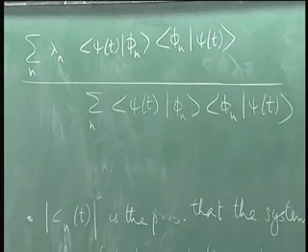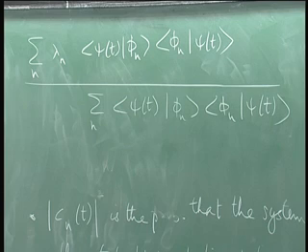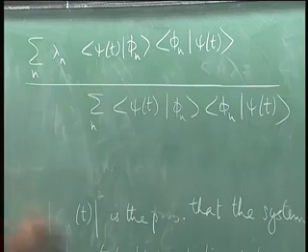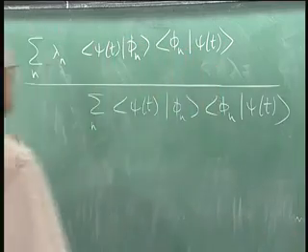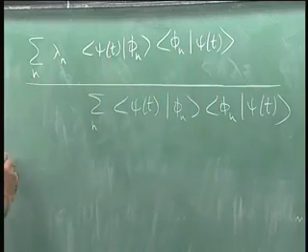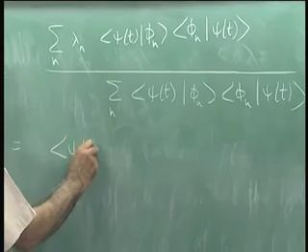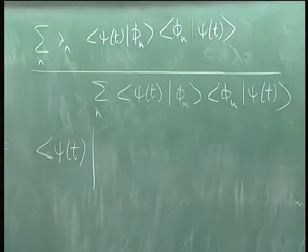I have just written down what is Cn star and Cn, mod Cn squared I have written as Cn star Cn, but then of course the summation can be moved in. So you could move the summation in and write this as psi of t, because that has nothing to do with the summation.